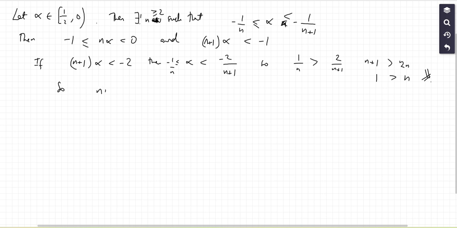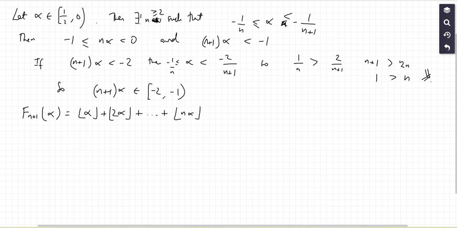So we've got that n plus 1 alpha is then in the interval from minus 2 to less than minus 1. So it's in that interval. Okay, so therefore f_{n+1} of alpha, which is this, everything up to n alpha is less than 1.